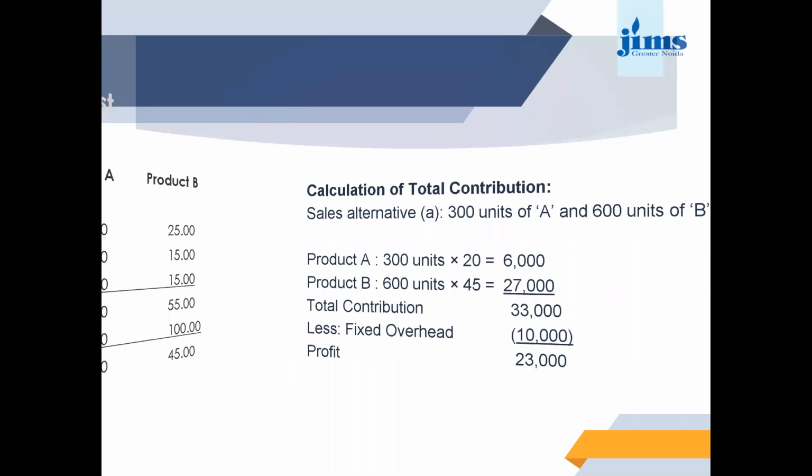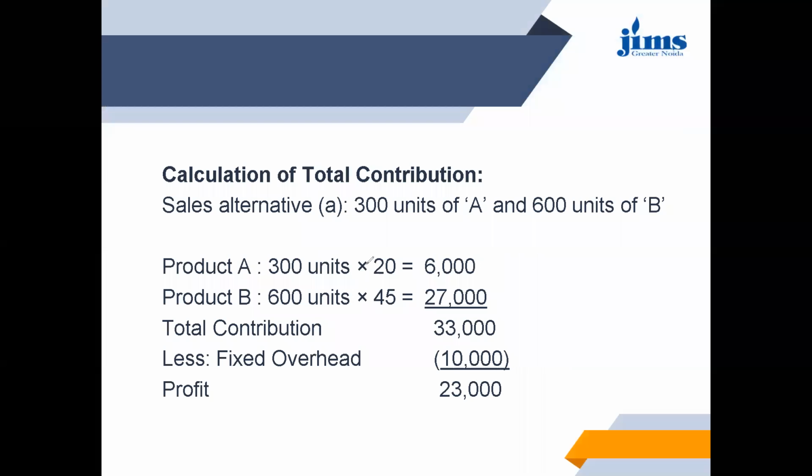The first alternative is that the company is planning to produce 300 units of product A and 600 units of product B. Product A's contribution is 20 rupees, so 300 units into 20 rupees makes the total contribution for product A 6,000.